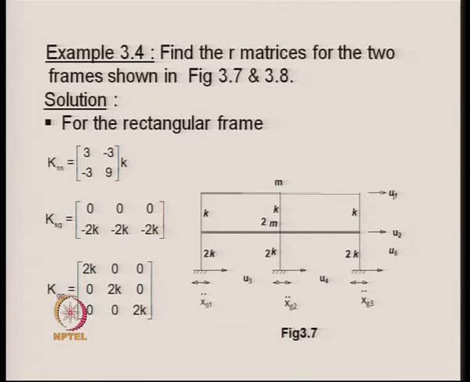This is a shear frame, and for it we have 2 degrees of freedom at the non-support degrees of freedom, and at the 3 supports we have 3 degrees of freedom. Therefore, we can easily write down the stiffness matrix and partition it, so that KSS is the stiffness matrix corresponding to non-support degrees of freedom U1 and U2, and KSG is the coupling matrix.